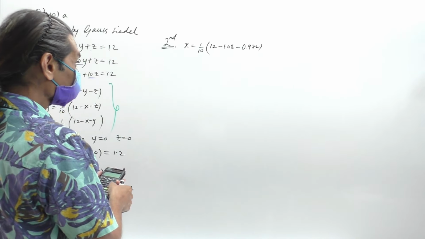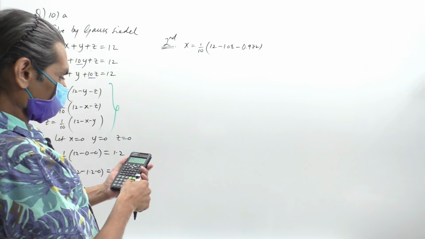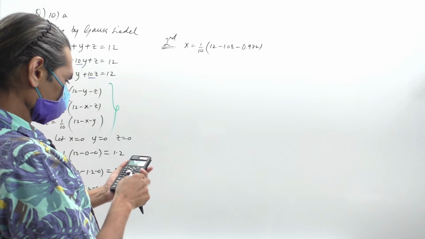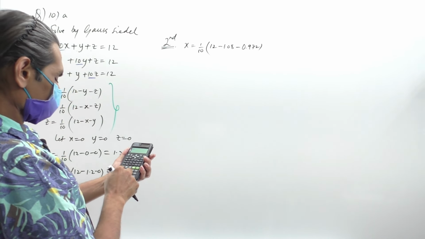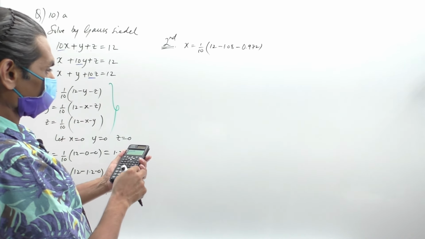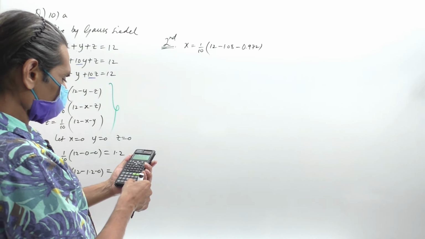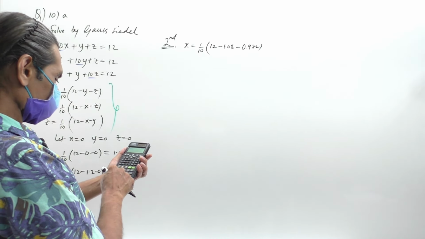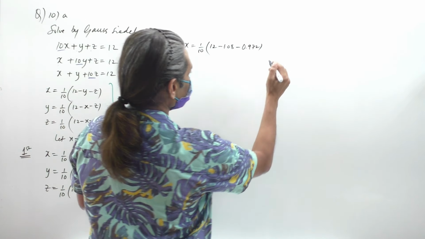So that will be 12 minus 1.08 minus 0.972, divided by 10, and it is coming around 0.9948.